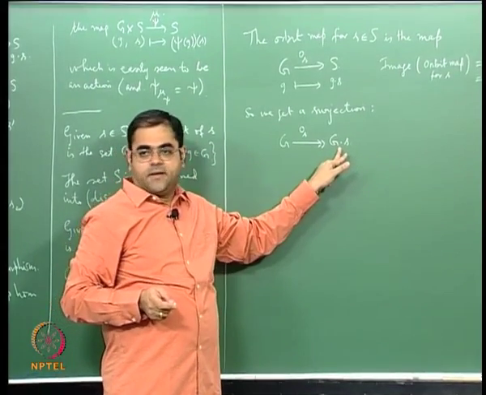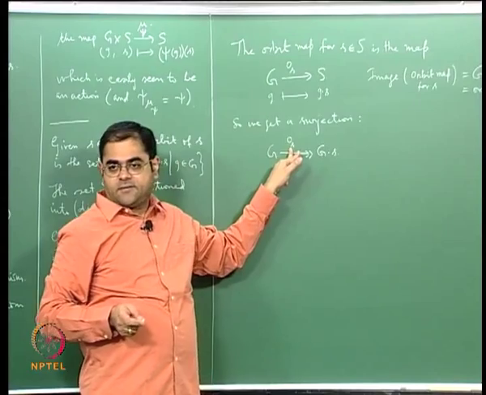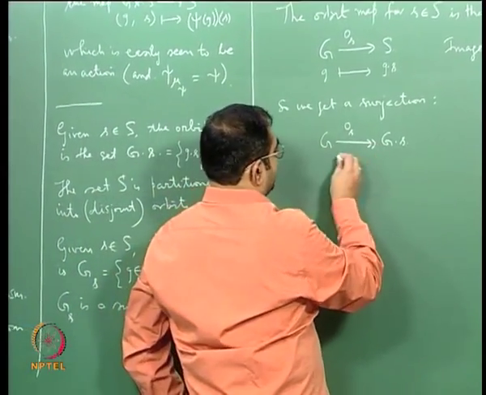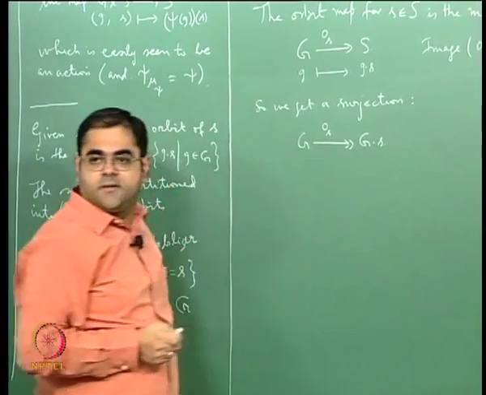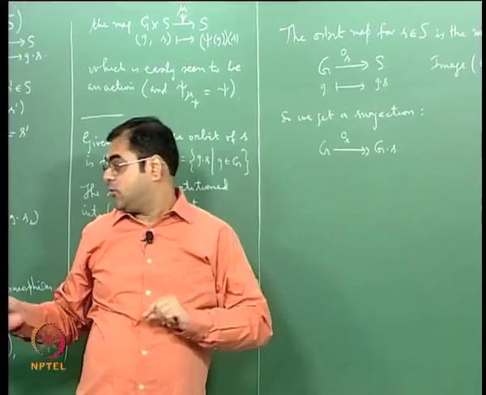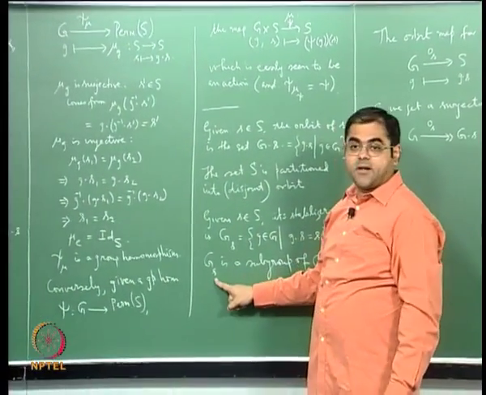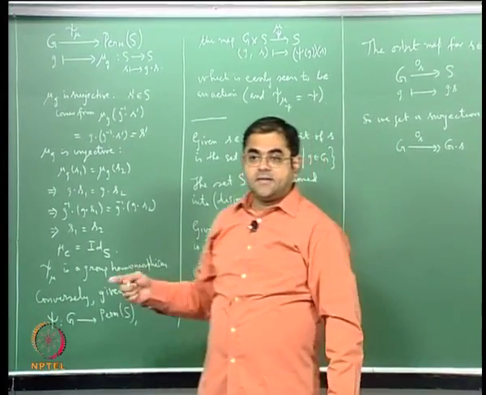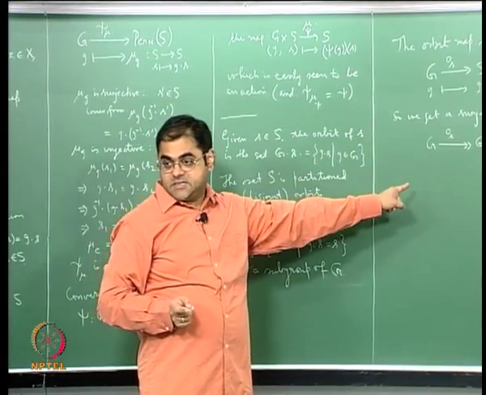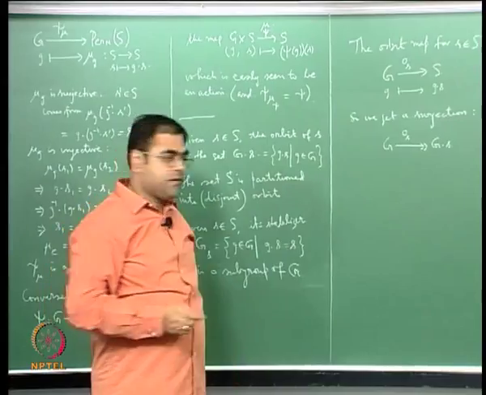In principle I should denote this by another letter, but it is essentially the same map, and I do not want to do that. So you get a surjective map like this, and the fact is that if you now go modulo the stabilizer G sub s, then this induces a bijection of the coset space G mod G sub s with the orbit.